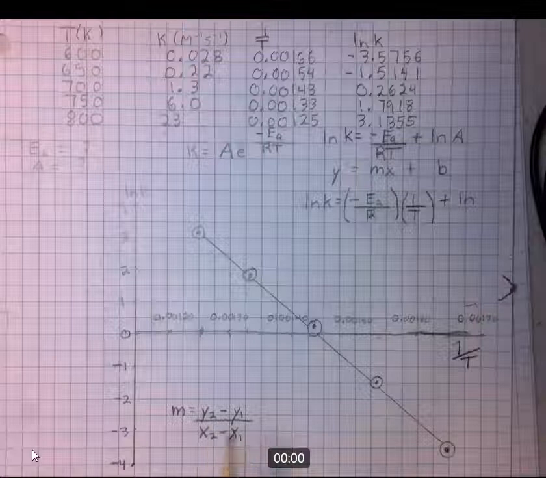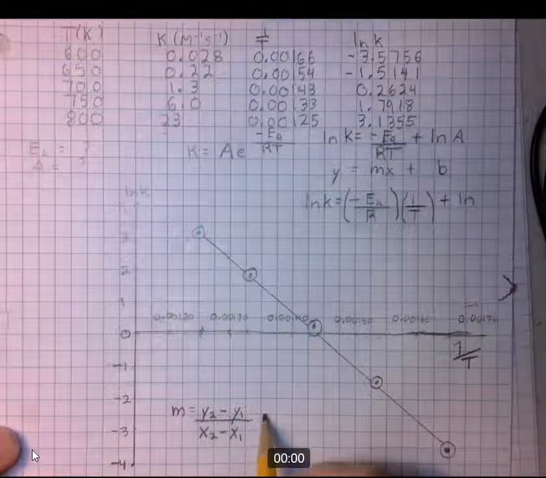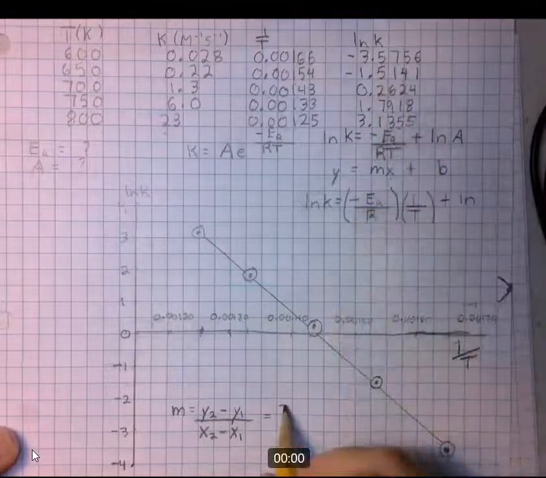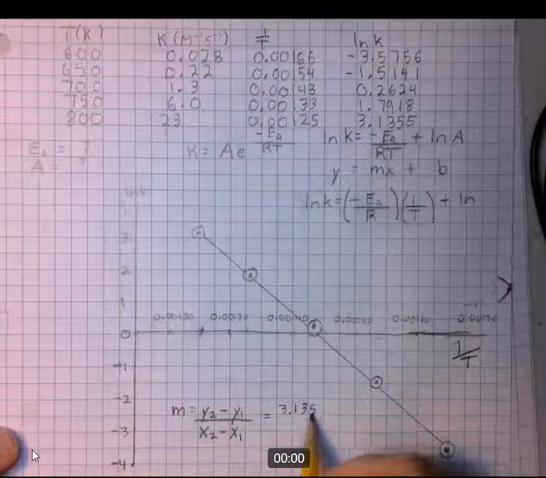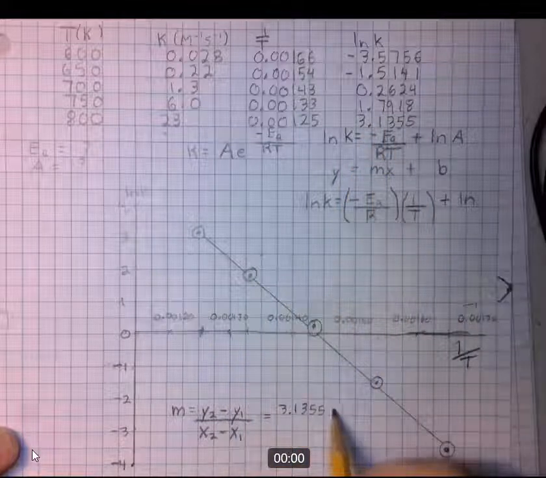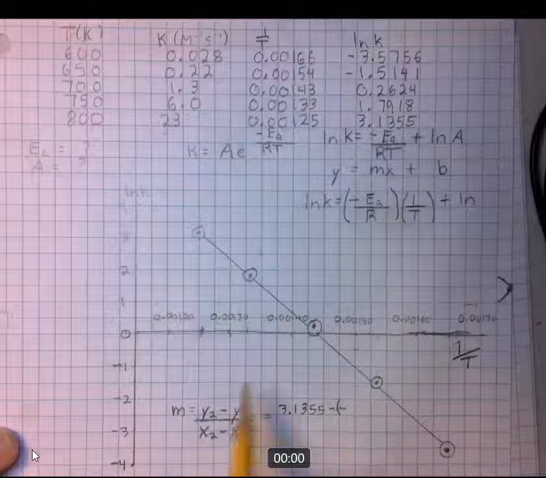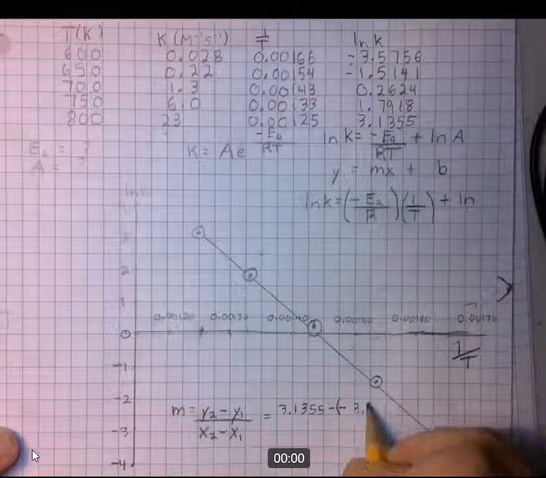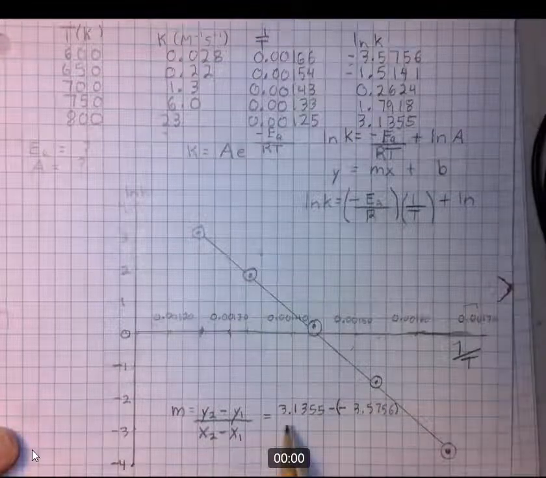Okay, so let's go ahead and do that now. So we're going to take this point minus this point, so it's 3.1355. That's our biggest value of ln k, minus negative, don't forget the minus negative, it's minus and then it's a negative number here, 3.5756.